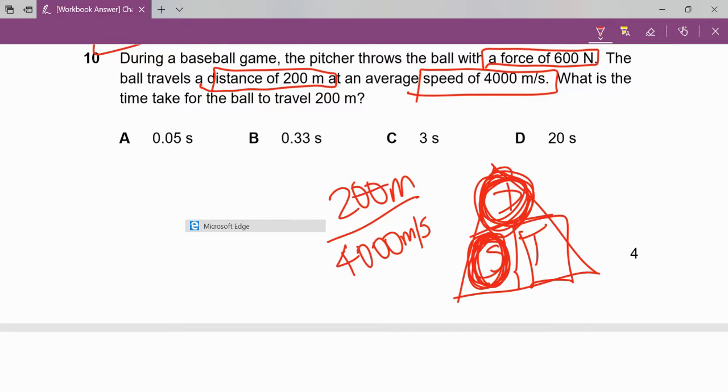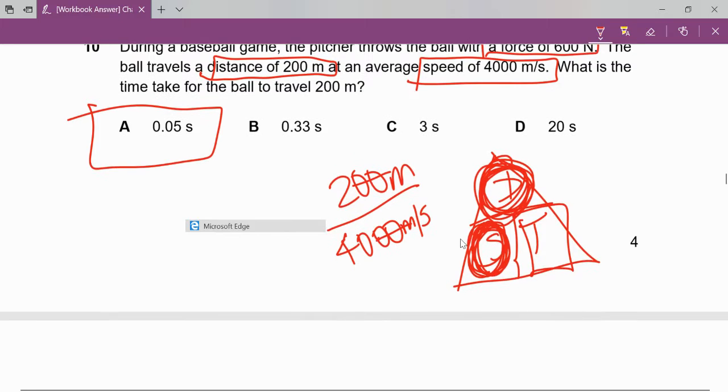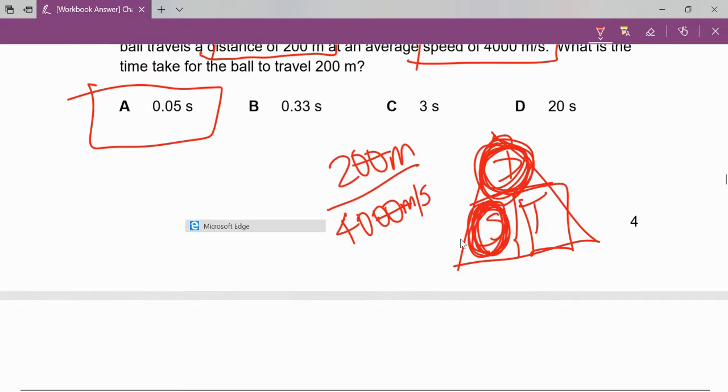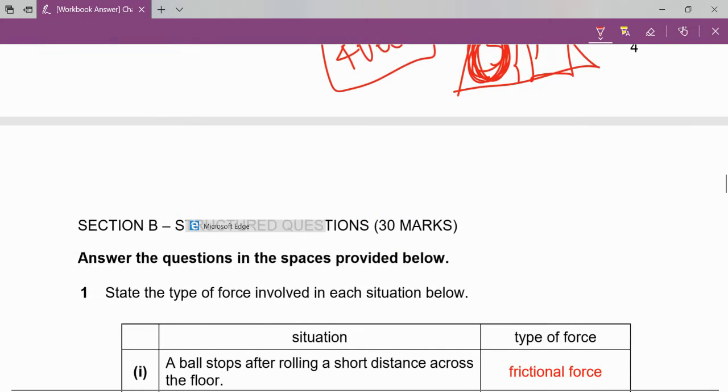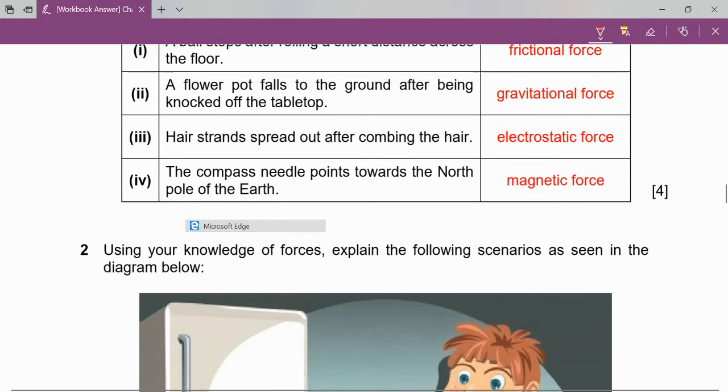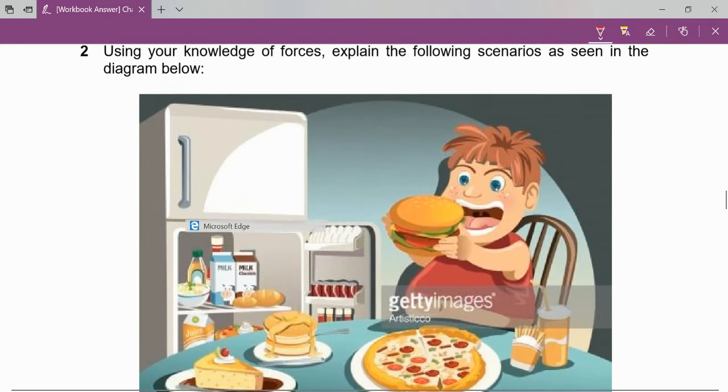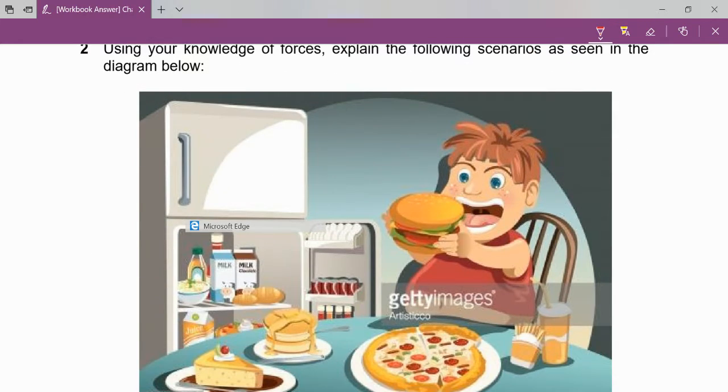Then you divide 200 by 40 and eventually your answer should be 8. This is distance divided by speed. Alright, we've already gone through questions 1 and 2. Let's move on to question 3.